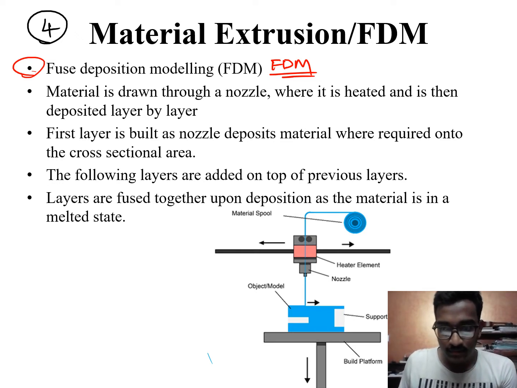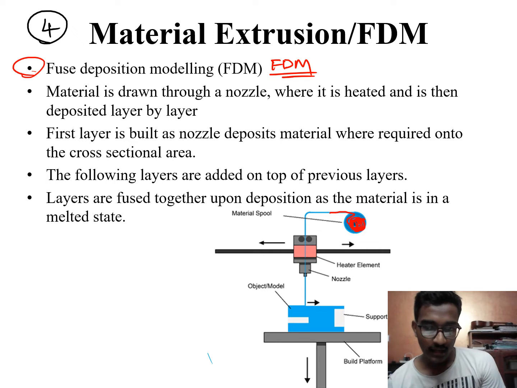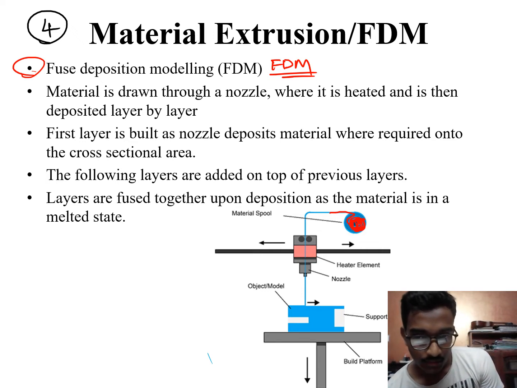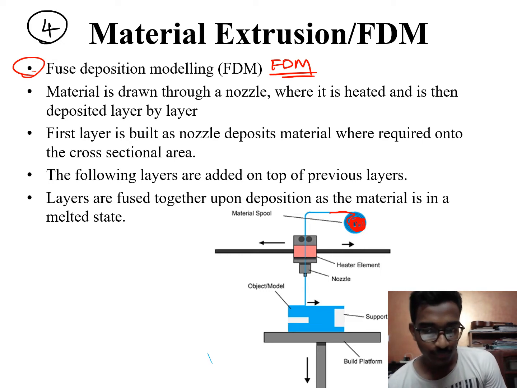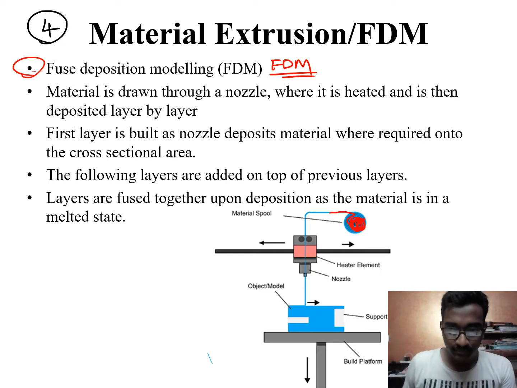There will be a material spool, which will be like this curvy kind of thing, and then it goes down, and there is a heating element. It heats the material, and there is a nozzle over there. Because it's heating, it goes down and moves wherever it needs.